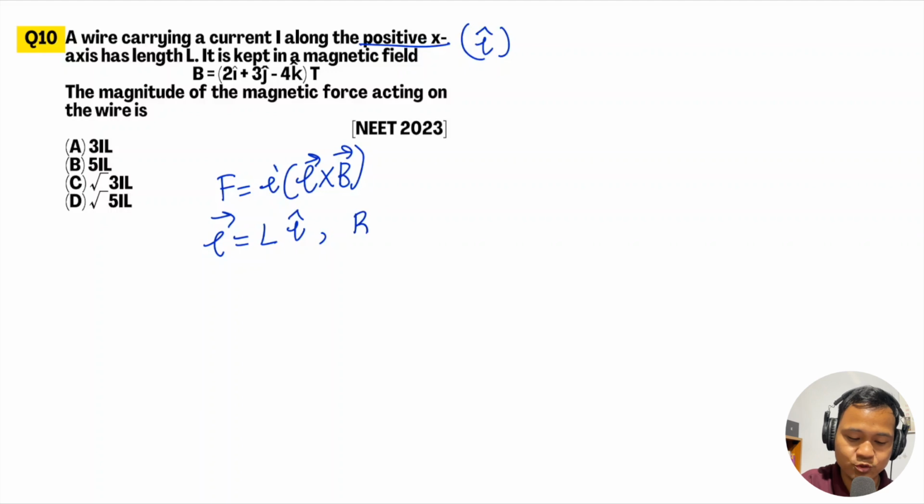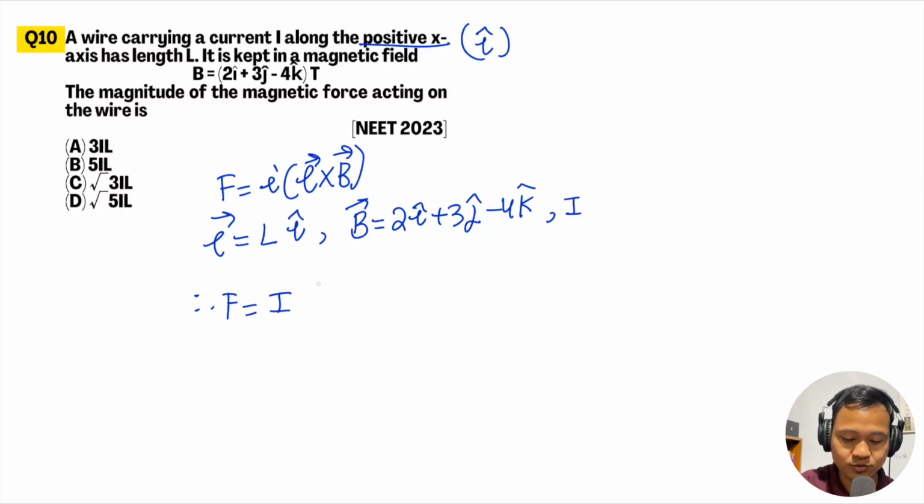B is 2I plus 3J minus 4K. So force is I into L I cap cross 2I plus 3J minus 4K.